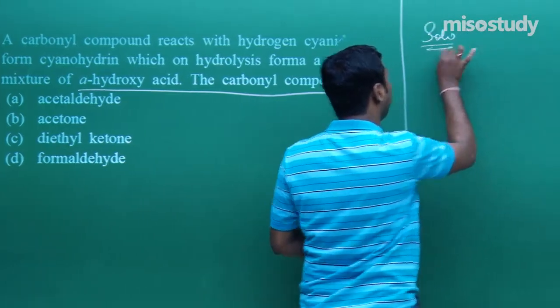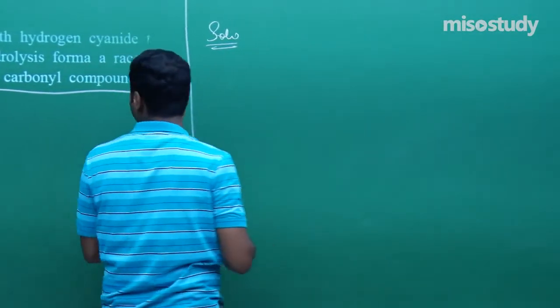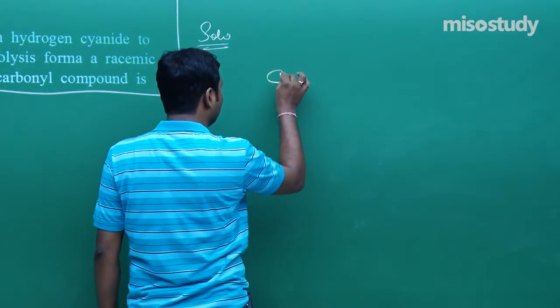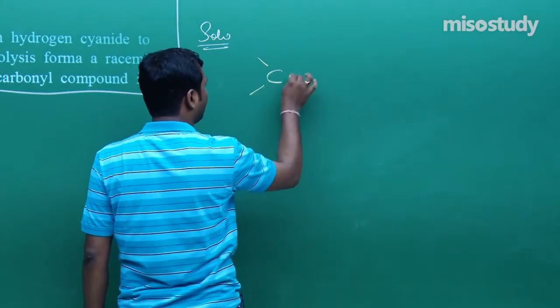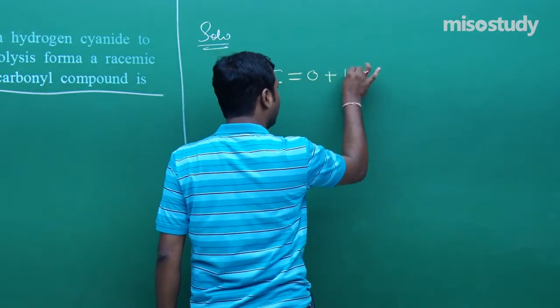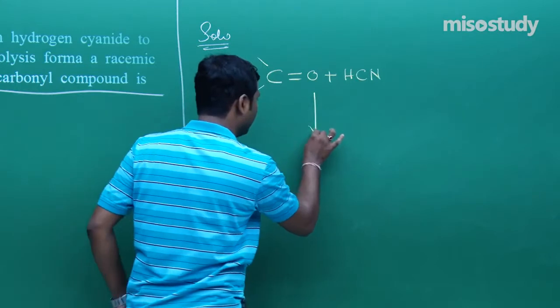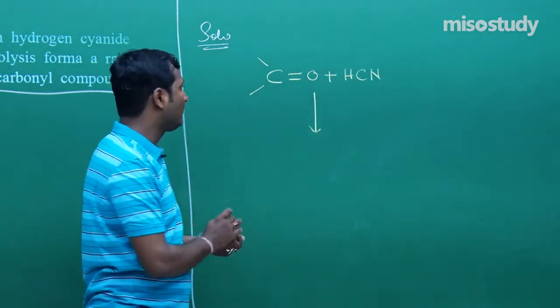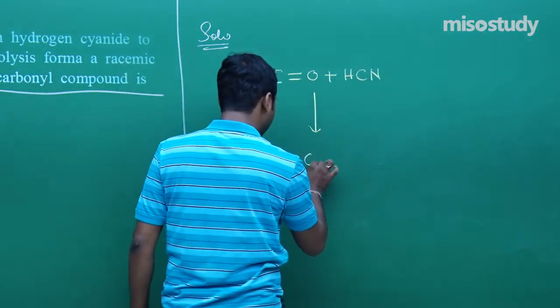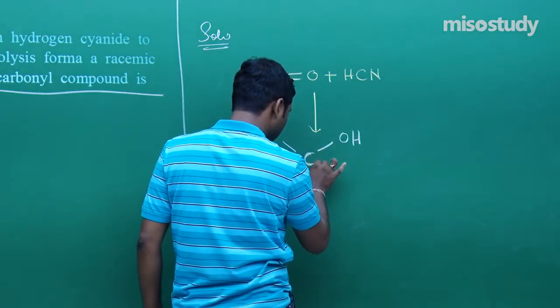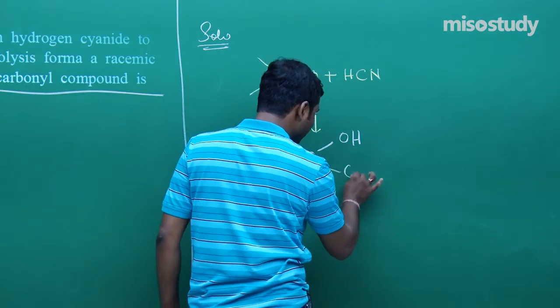Look at what I am telling. That is what is given here. A carbonyl compound reacts with hydrogen cyanide. Then what will happen? Sir, it's very simple. It will form cyanohydrin, that is C, this one OH, and this one CN.